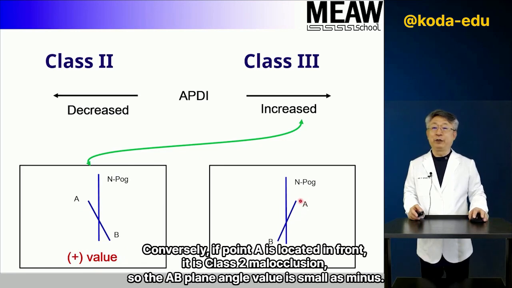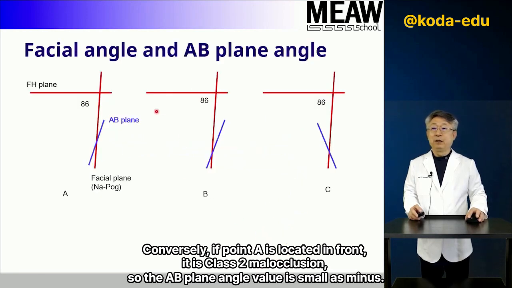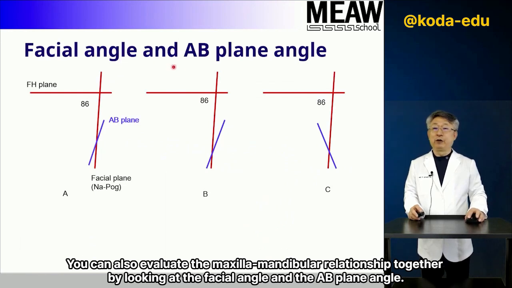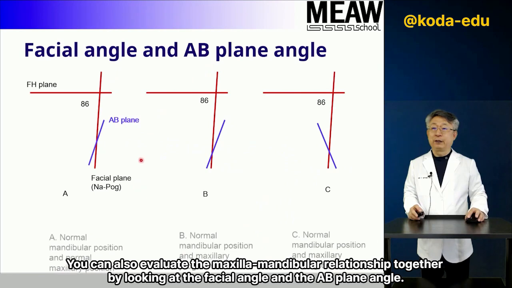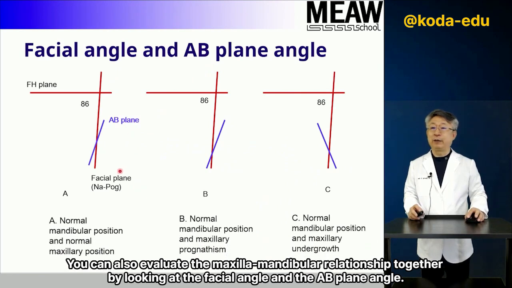Conversely, if point A is located in front, it is class 2 malocclusion, so the AB plane angle value is small as minus.